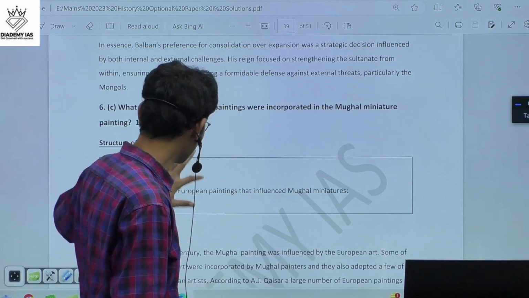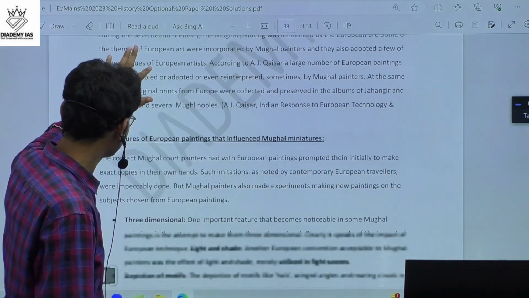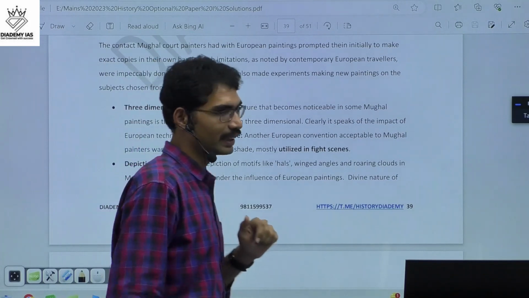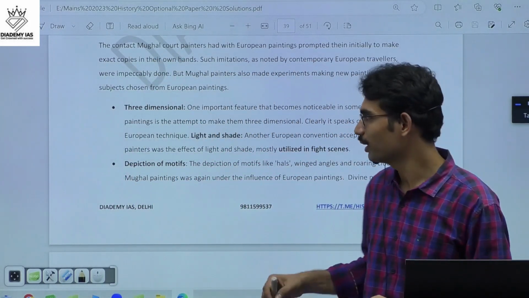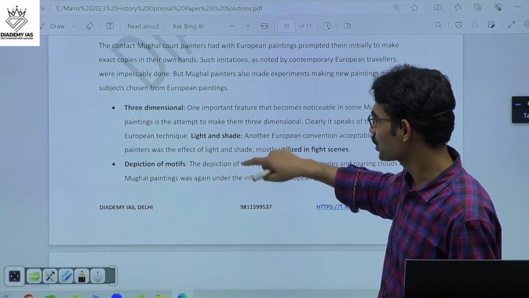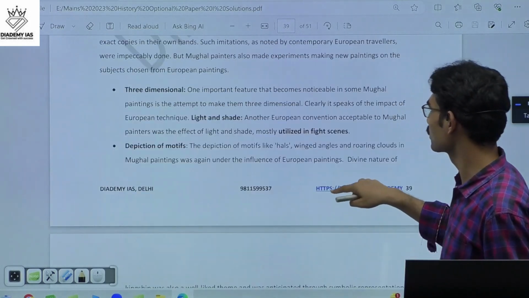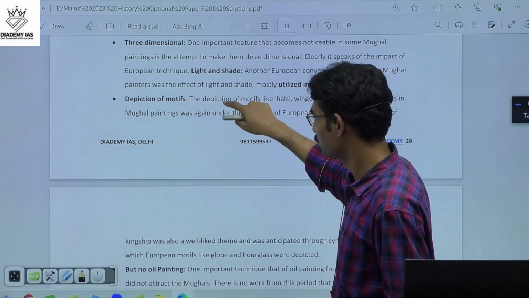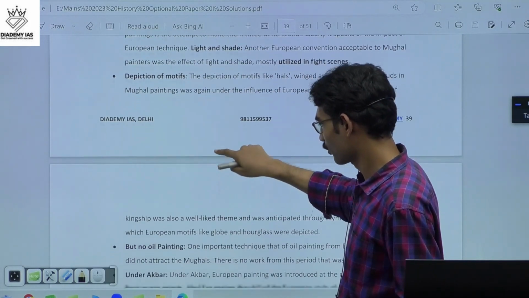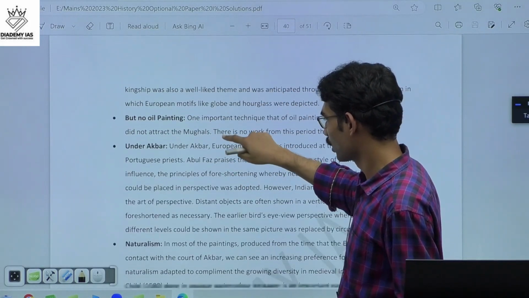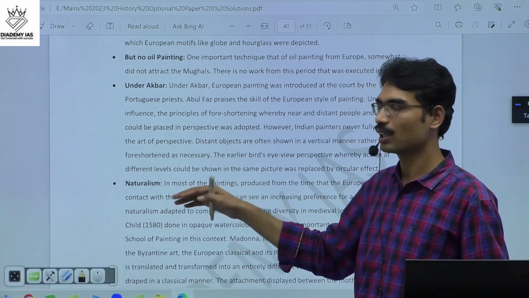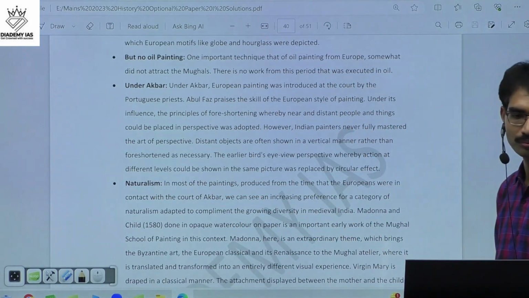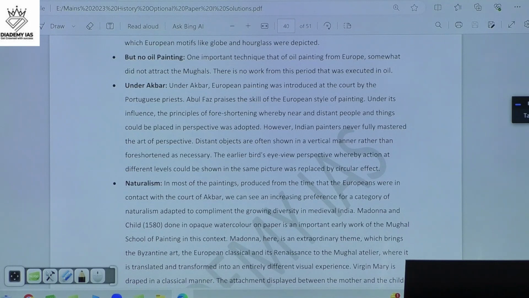So likewise, some of the important aspects. The 3-dimensional aspect is one example. Next one, depiction of different motifs, different symbols. You will give different examples.